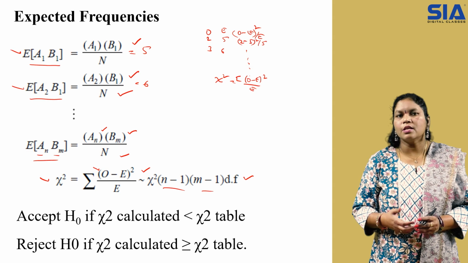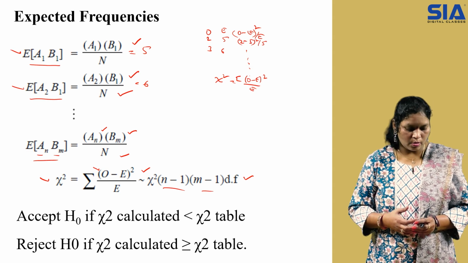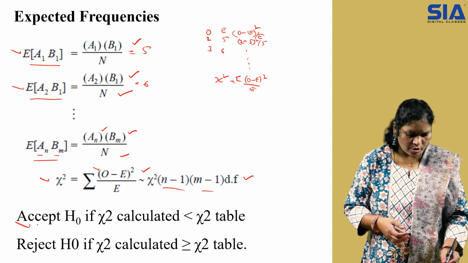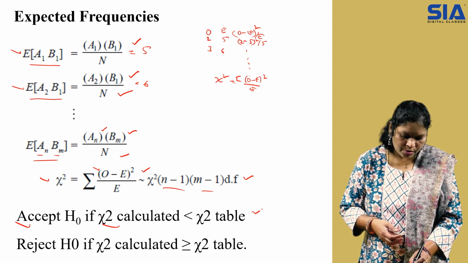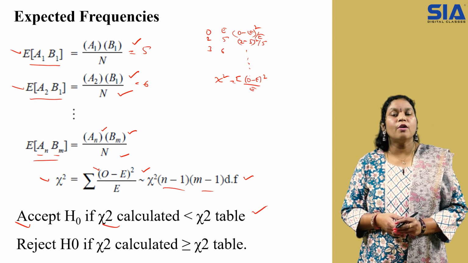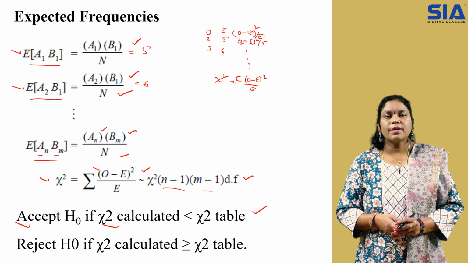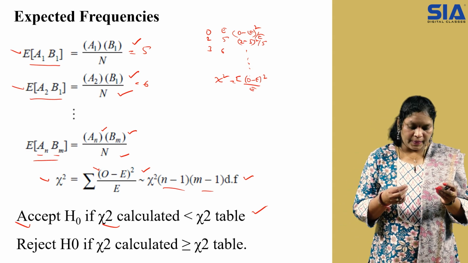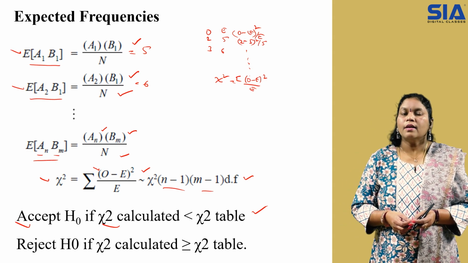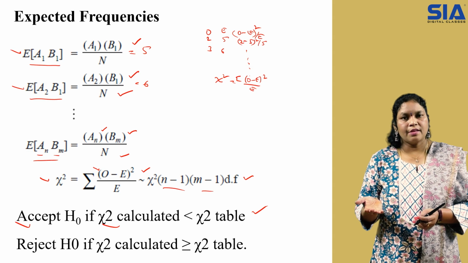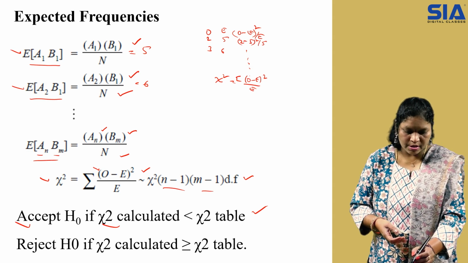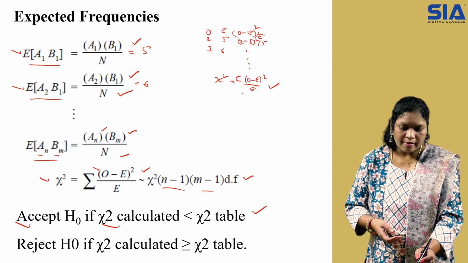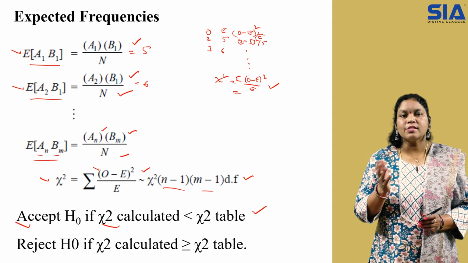Now let us have a glance at how the decision goes. Accept H0 if the calculated chi-square is less than the chi-square table value. Depending on the level of significance and the degrees of freedom, we get a table value. Take that table value and compare it with the calculated value, which is the value I get in the test statistic.